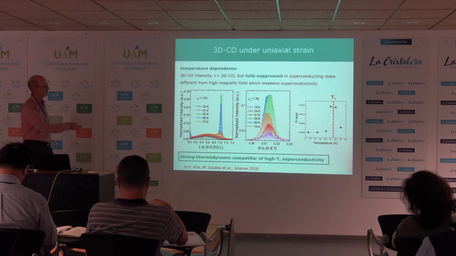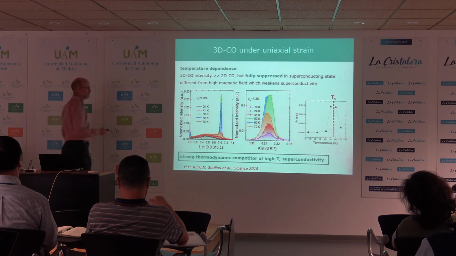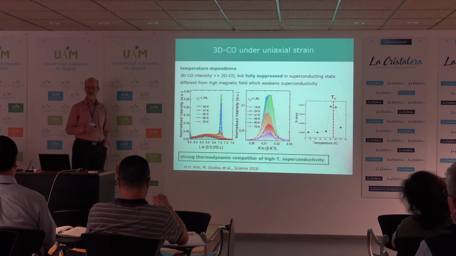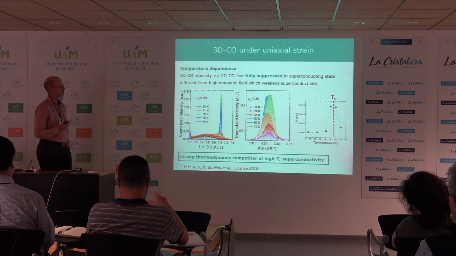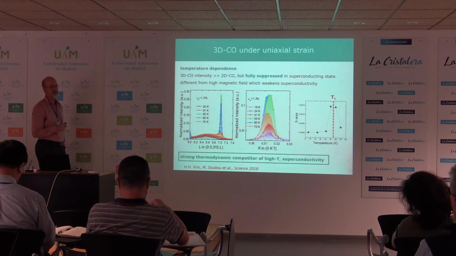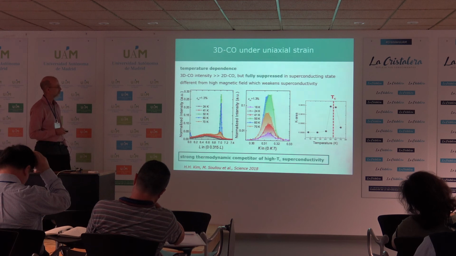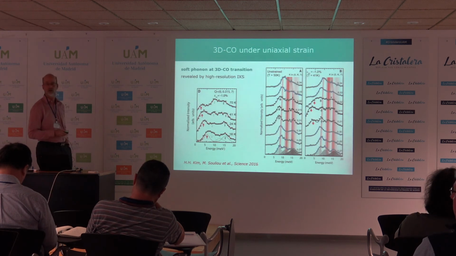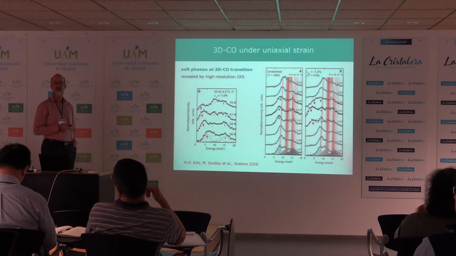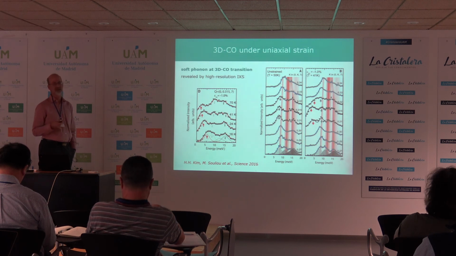Like I showed you before, this doesn't go to 0. There's always some homogeneous coexistence, but this three-dimensional charge order is really a genuine thermodynamic competitor with the high-TC superconductivity. So in the d-wave superconducting state, this normally disappears completely. Could the strain lower the TC then? Yes, a little bit. But not 10 times.